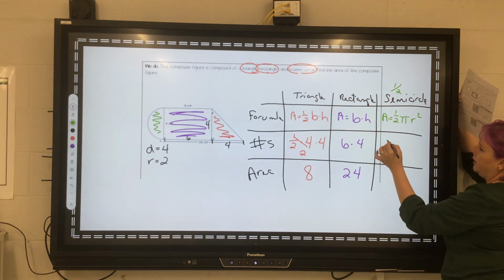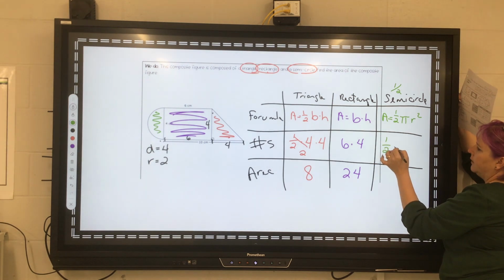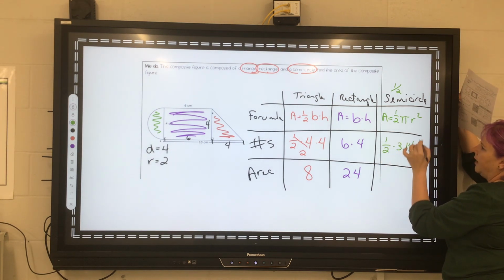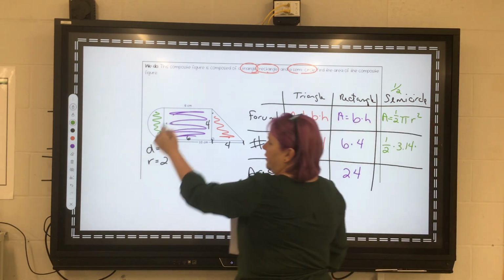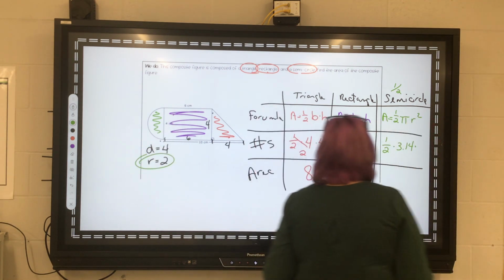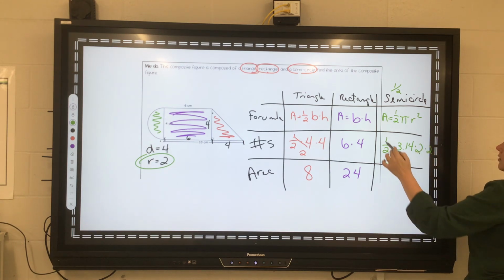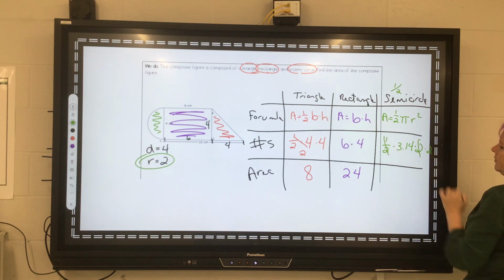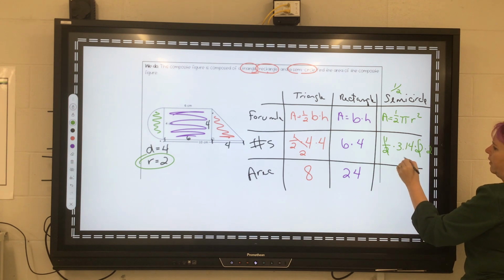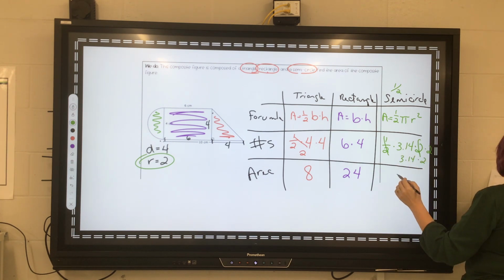So I've got 1/2 times 3.14 times my radius, because remember we had to find our radius, 2 times 2. So I'm going to take my half here and cancel my 2 out. So now I've got 3.14 times 2, which gives me 6.28.